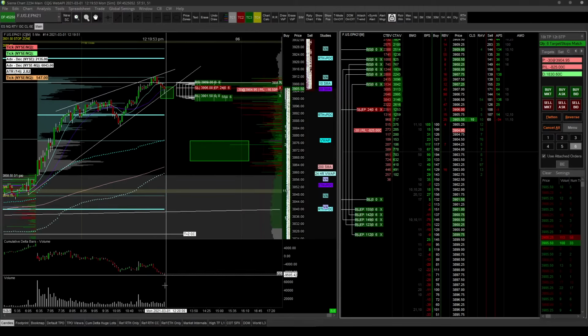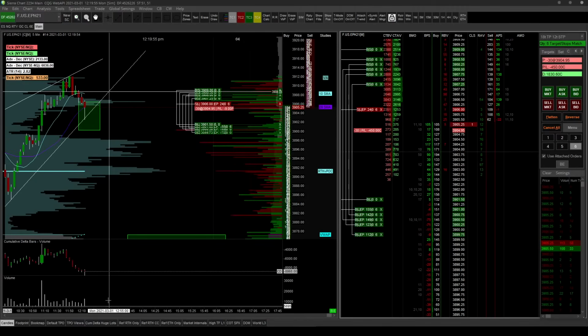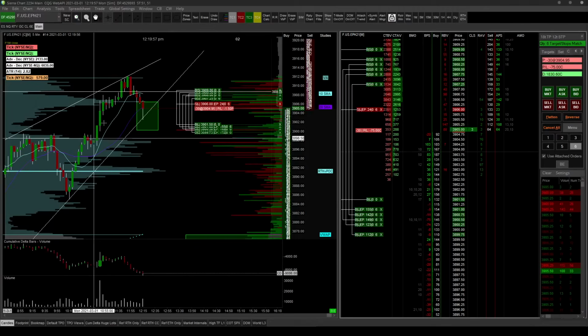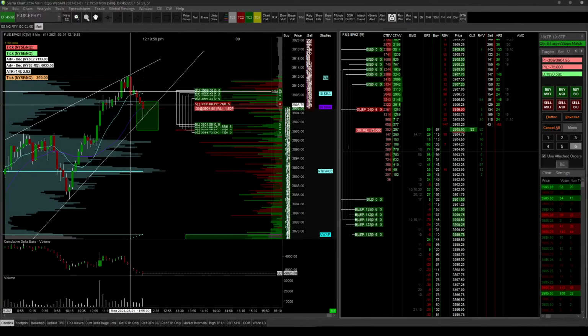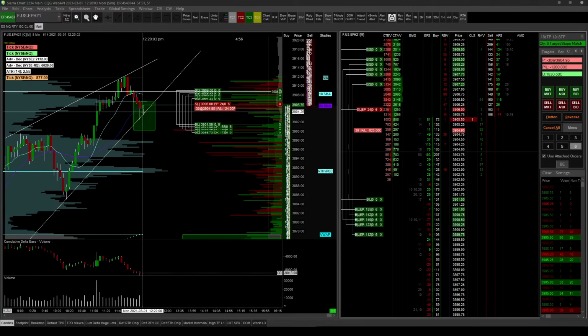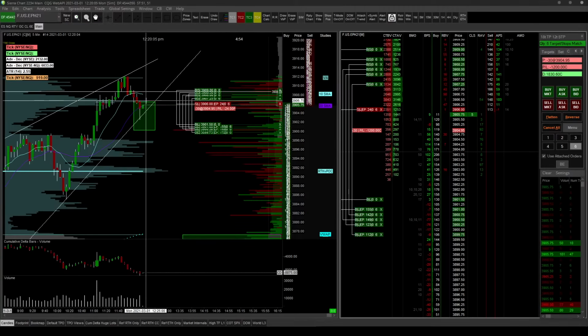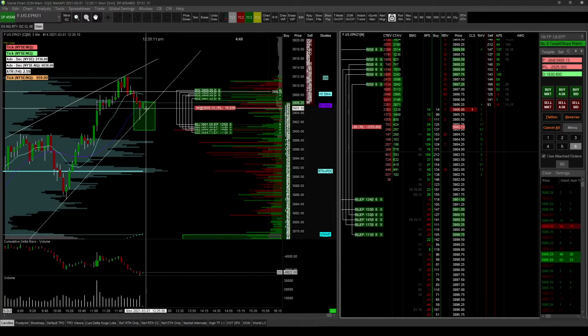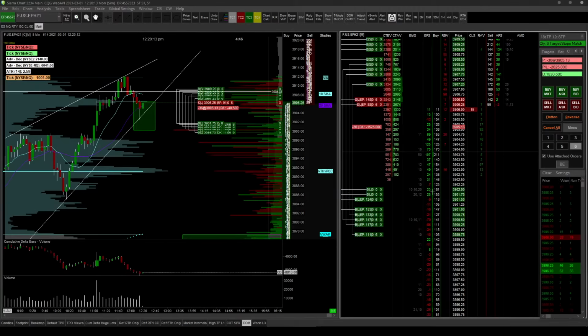Here comes the new bar. Here's what's funny. Sometimes you get a close maybe here on this bar. Oh, nope, just closed underneath the 20. And then you get a wick, and then it slowly sells into this wick here. There you go, that's nice.